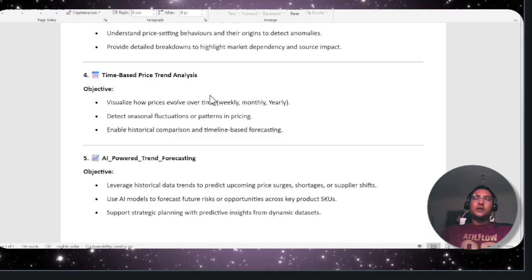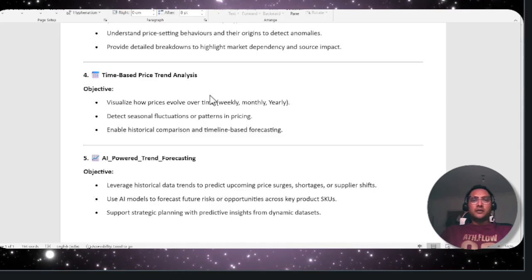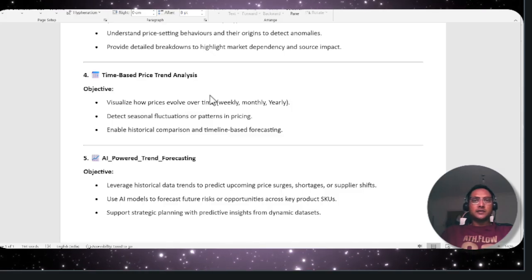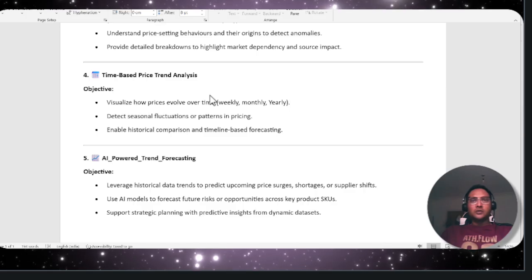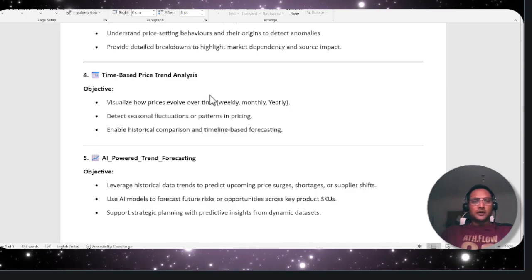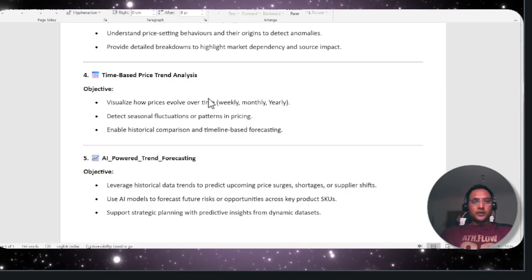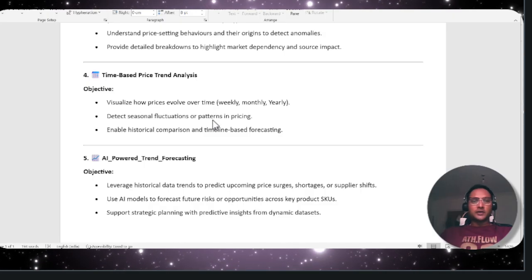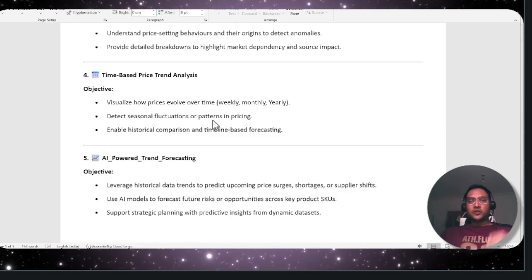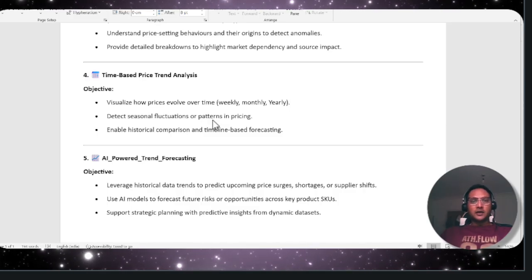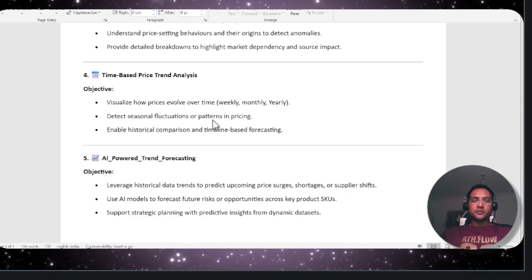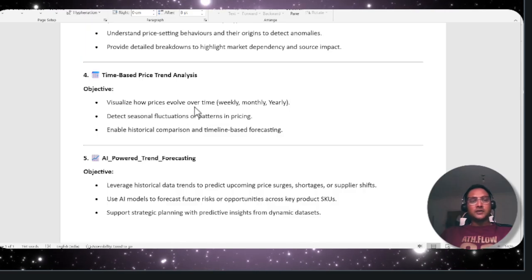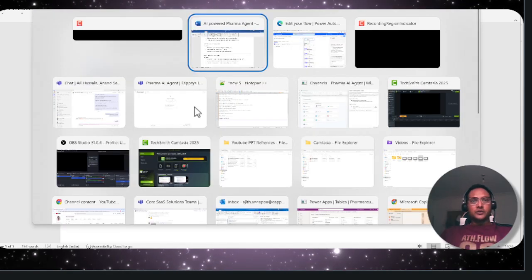A research analyst can visualize what has happened and then strategize how the price needs to be set in the future. The AI will detect seasonal fluctuations or patterns in pricing. It considers the historical price data, does a comparison, and provides insight on the price trend analysis. So I'll show the flow now.